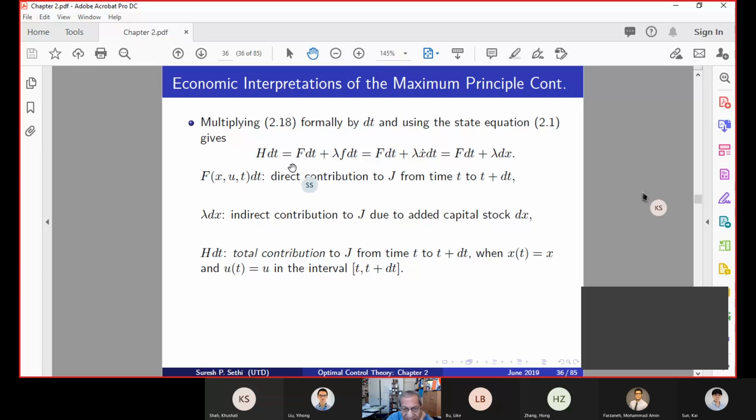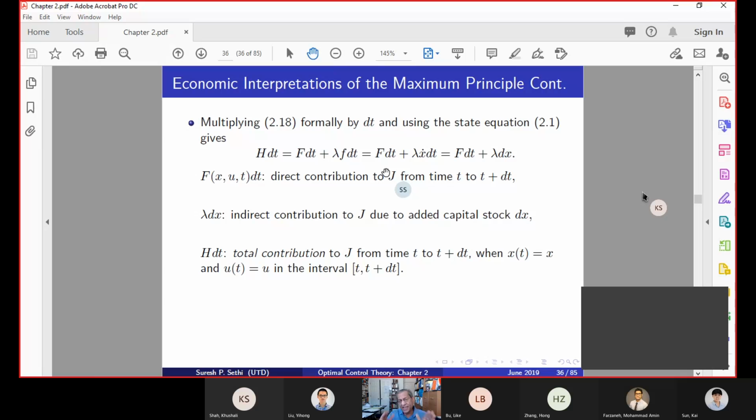That says that the Hamiltonian consists of two contributions. One is the direct contribution to the objective function from t to t plus dt. And the second is that when I use this u, I will change the state x to x plus dx.